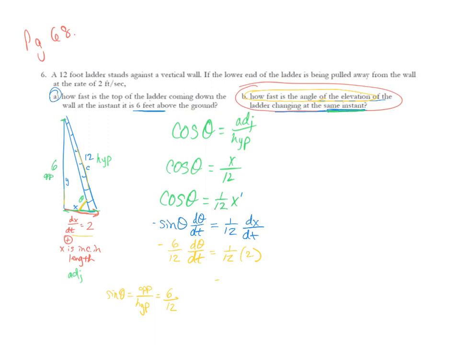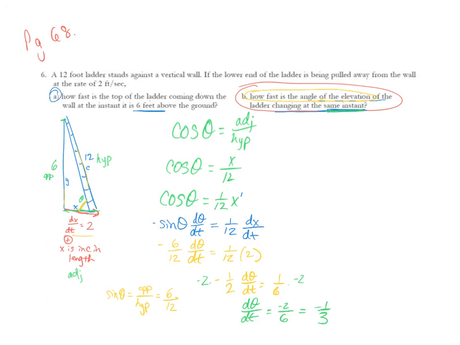So this could reduce to negative 1/2 d theta dt set equal to 2/12, which would be 1/6. And now I'm going to multiply both sides by -2, which is the reciprocal of that negative 1/2 in front of the d theta. So that will get d theta dt by itself. So I have -2/6, which is -1/3. And in AP Calc, I need my units.